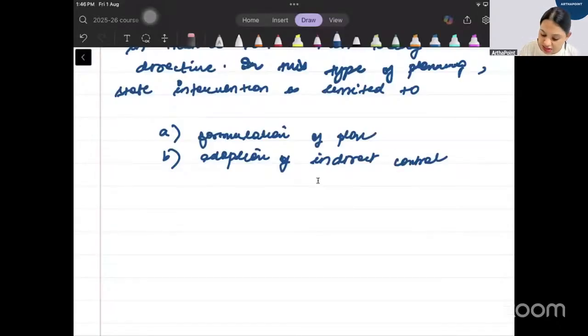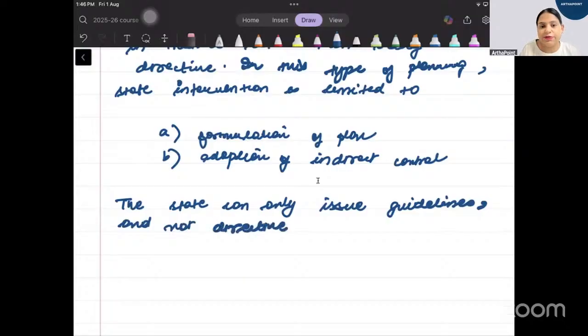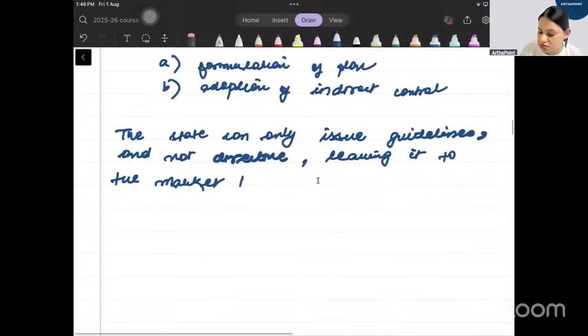Right? The state can only issue guidelines and not directives, leaving it to the market forces to decide their course of action.